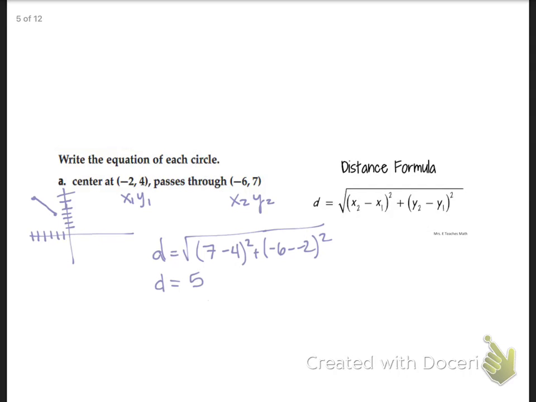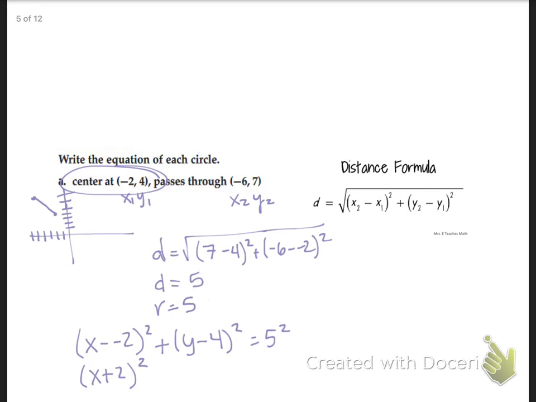Okay, so I'm going to get that distance to be 5, which means my radius from center to outside is 5. Now I can use that center point. So x minus -2 squared plus y minus 4 squared is equal to 5 squared. I change that to a plus sign. And then I write my 5 squared is 25.